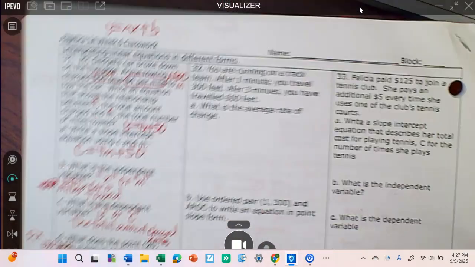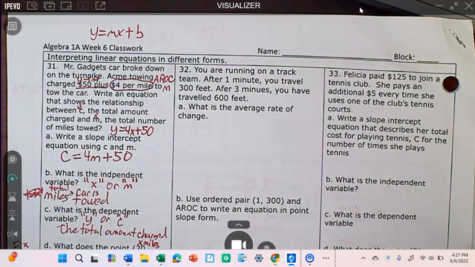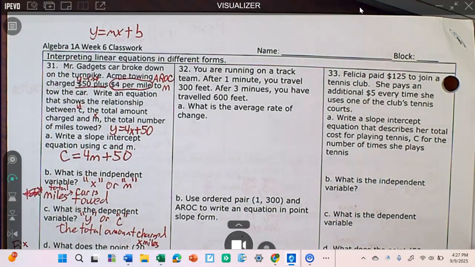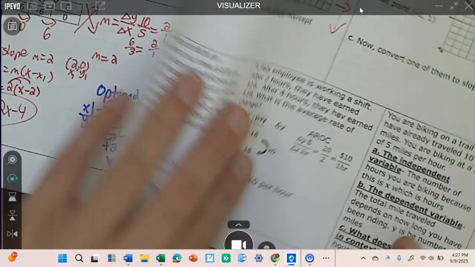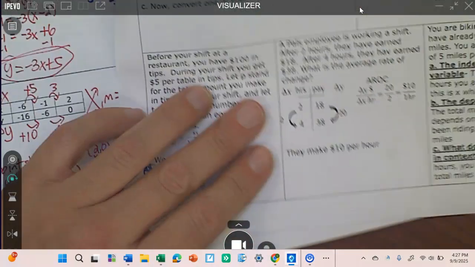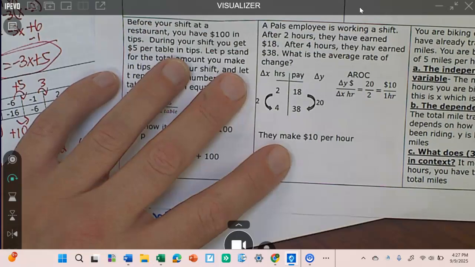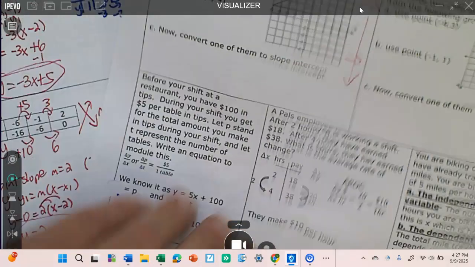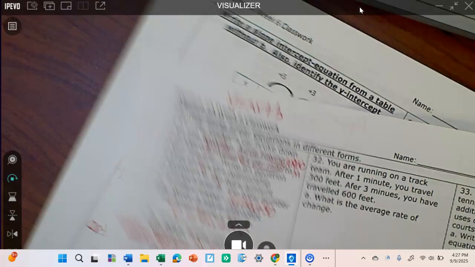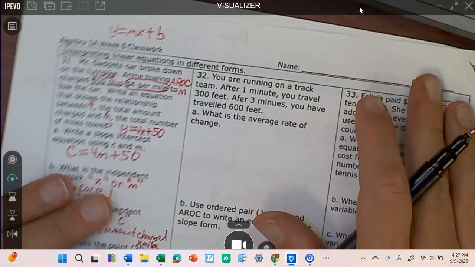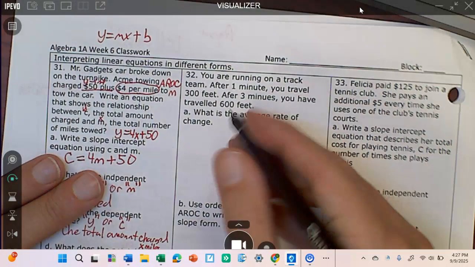Okay. Question 32. You're running on a track. Okay, so this question, if you need an example, go back to the PALS question, and it'll help you solve this problem. Okay, there's two ways.